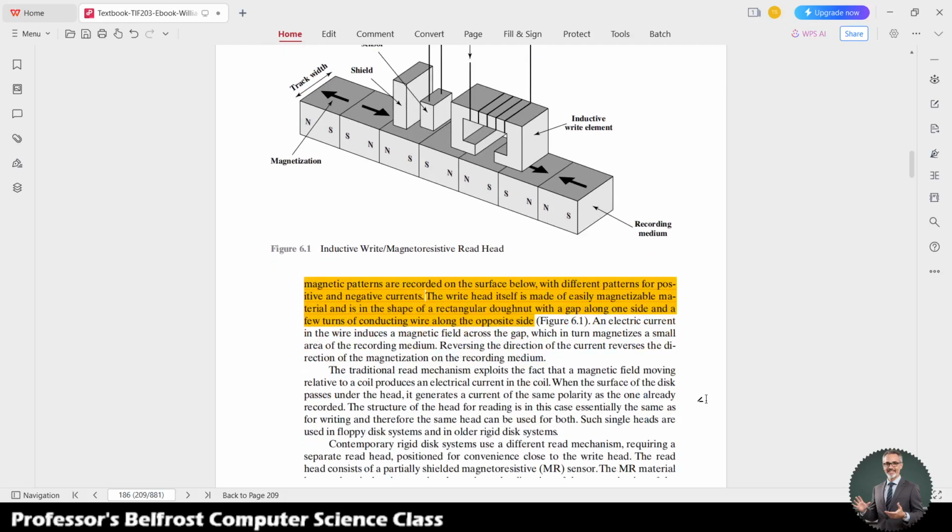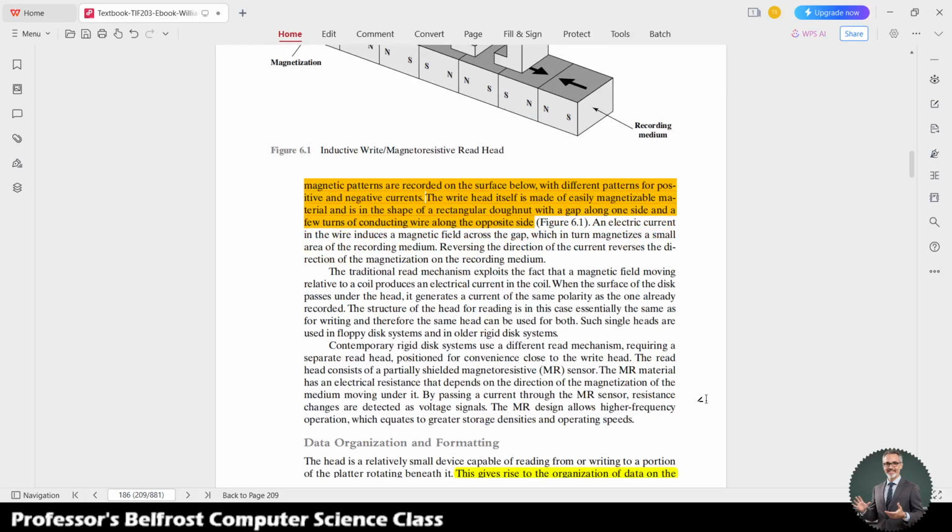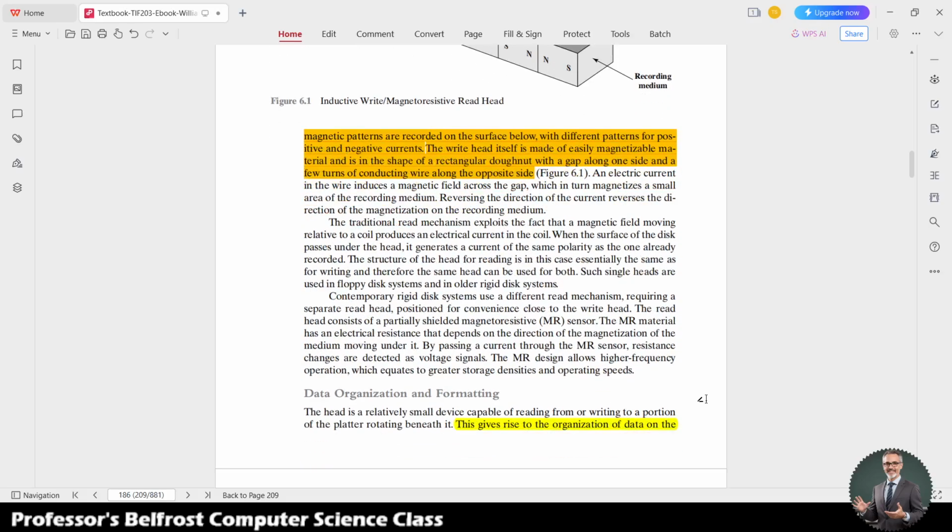The electric current induces a magnetic field, which in turn magnetizes a small area of the recording medium. Reversing the direction of the current reverses the direction of magnetization of the recording medium and gives a different pattern. For reading, a magnetic field moving relative to the coil will produce a current in the coil.